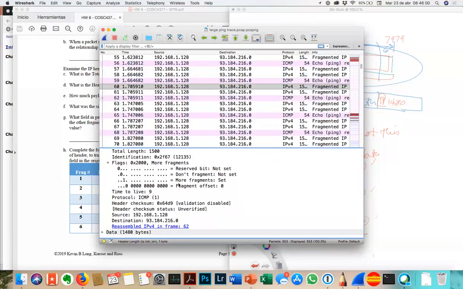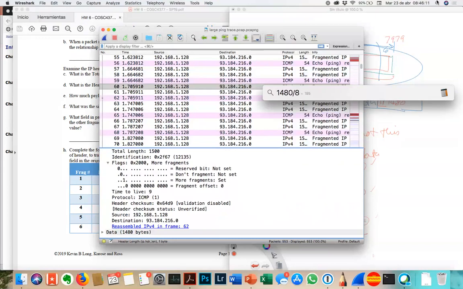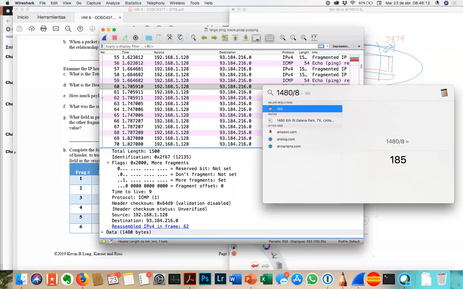So 1480, you can fill that up. Fortunately, as you can see here, I do not know how to type. 1480, thank God, is a perfect multiple of 8. So each 1480 byte payload is 185 octets in length.